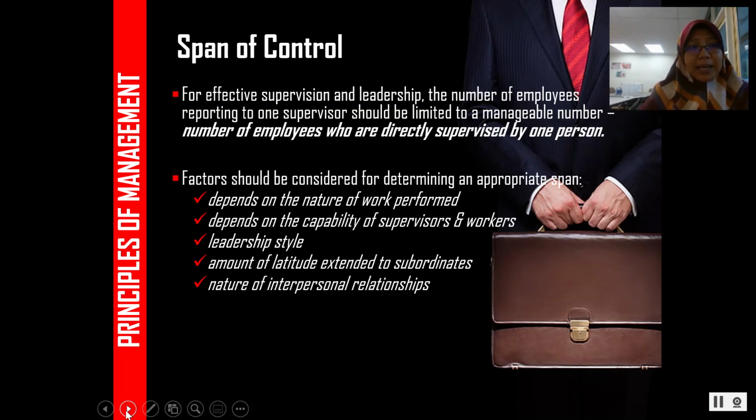The fourth is the amount of latitude extended to the subordinates. And the last one is the nature of interpersonal relationships. These are the factors that should be considered when you are going to determine the appropriate span of control. Again, span of control is the number of employees who are directly supervised by one person.